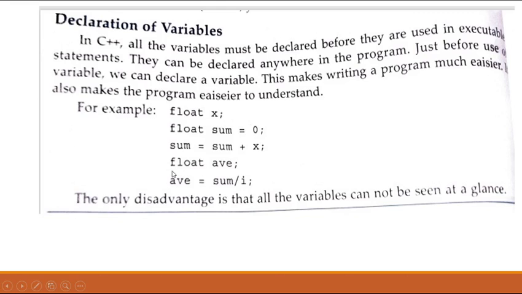So I declare one more variable, that is ave, and store sum divided by i value to it. Whatever result is generated by this sum divided by i is stored into the ave variable.